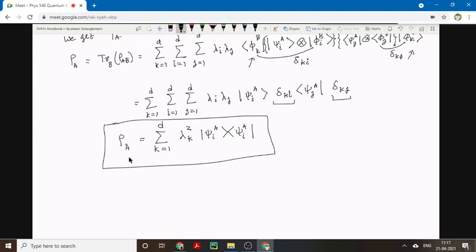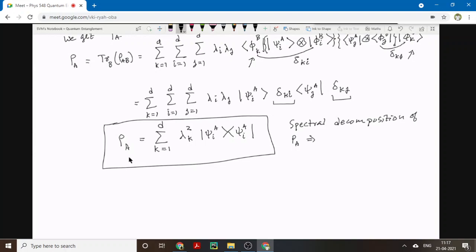Okay, so this is a familiar thing in quantum mechanics. This is called spectral decomposition of rho A. What does that mean?